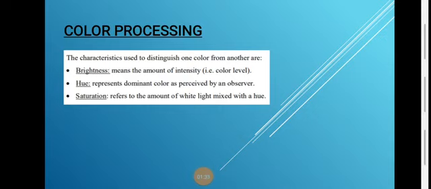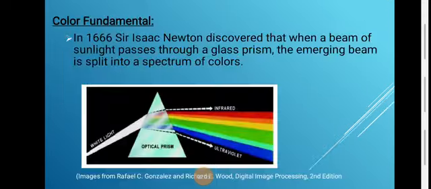Hue is defined as the color that is perceived by an observer, how much color or light intensity the observer perceives. Saturation is the amount of white light mixed with the hue, that is, the original color. How much white light we are blending with the original color is the saturation.